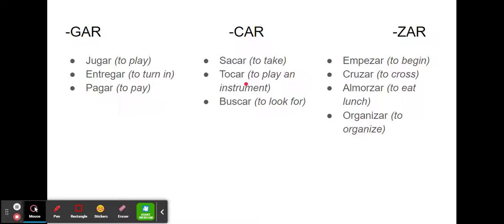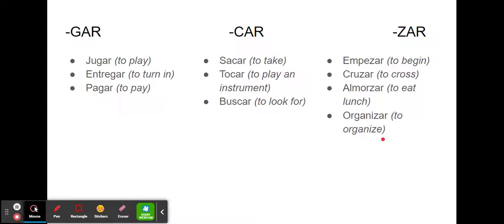Tocar is to play, as in to play an instrument, not to play a sport. And buscar is to look for. All of them end in CAR. Then we have ZAR verbs, such as empezar, to begin, cruzar, to cross, almorzar, to eat lunch, organizar, to organize.